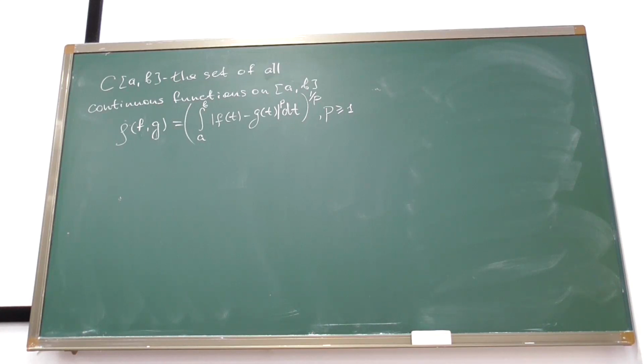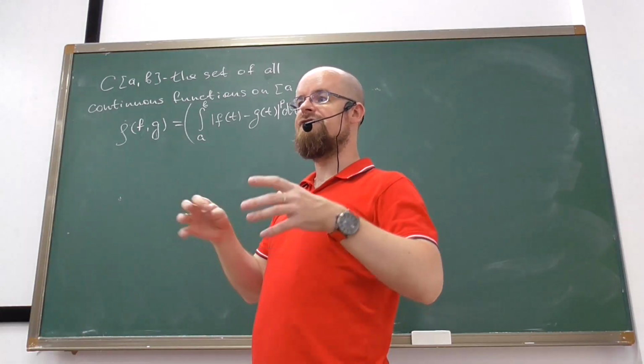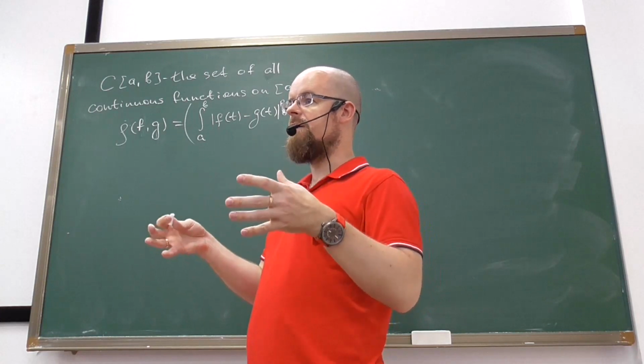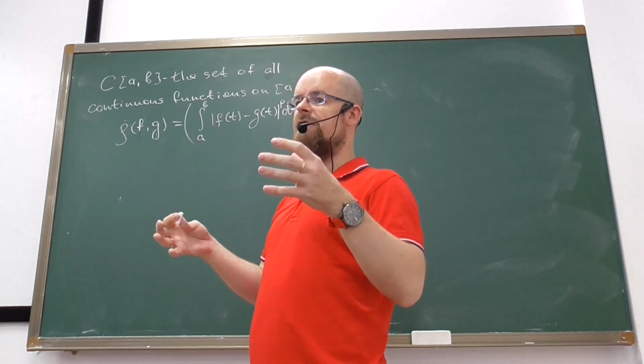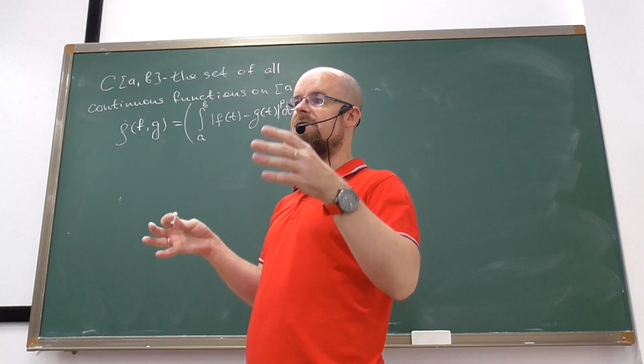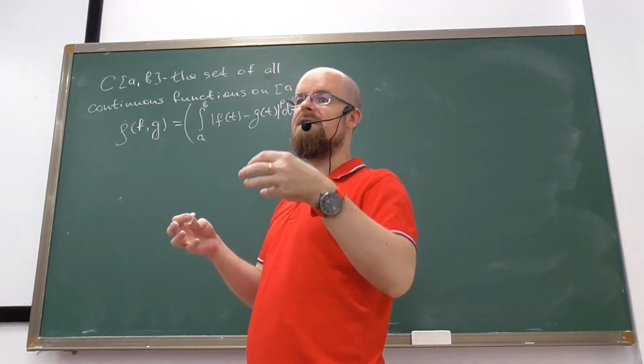Checking that this is a metric is left for you as an exercise. The proof is fairly similar to the one we have done right now, but you will need an integral version of the Minkowski inequality.